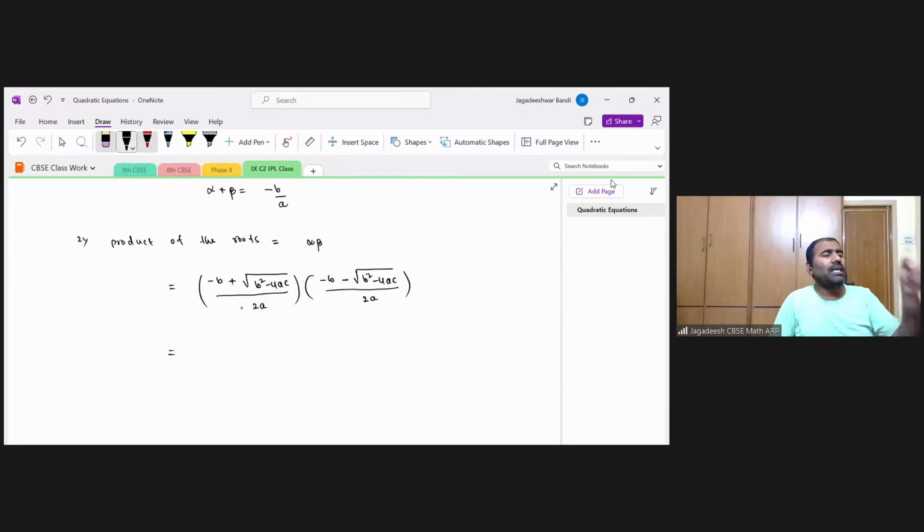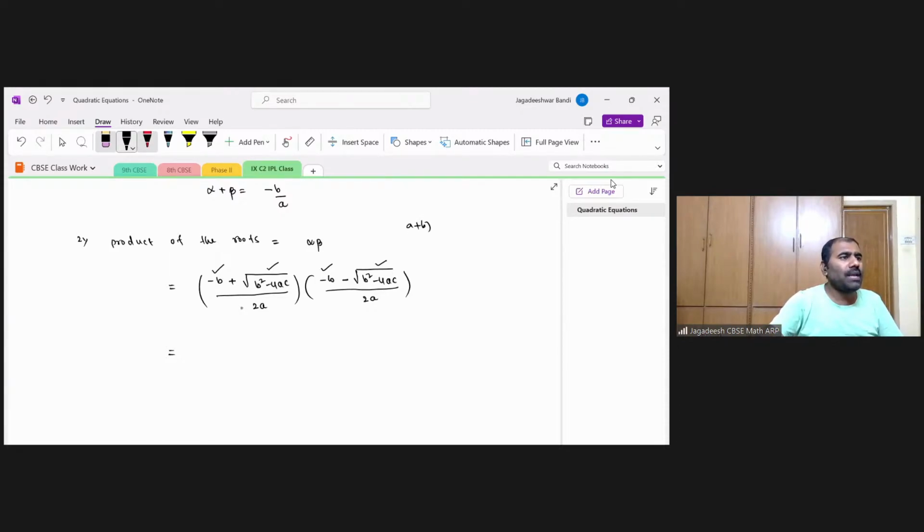They are in the form of (a + b) into (a - b). If you treat -b as a, and √(b² - 4ac) as b, clearly they are in the form of (a + b)(a - b).